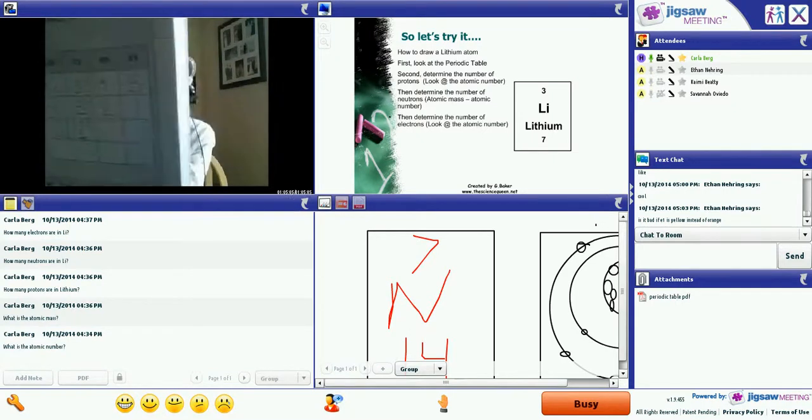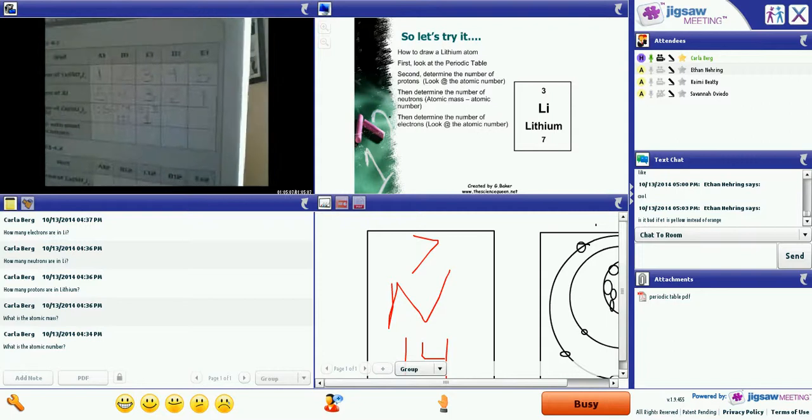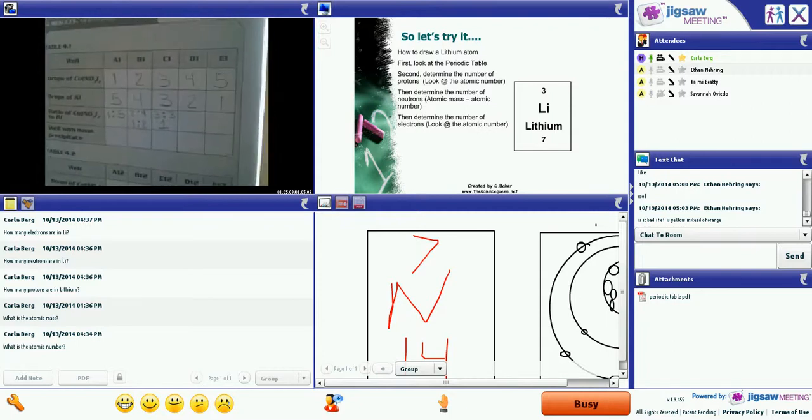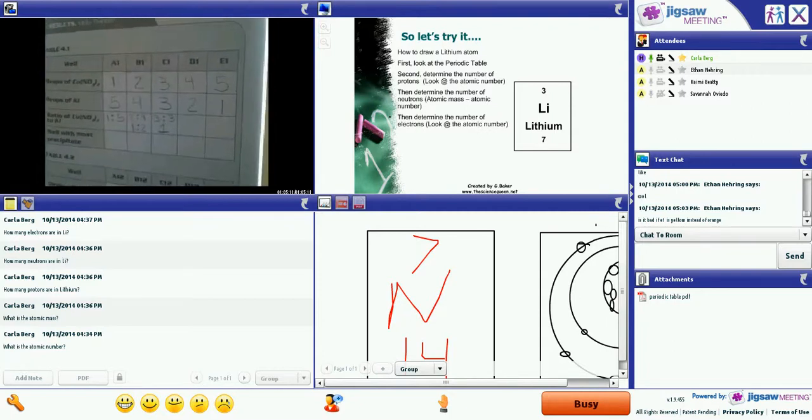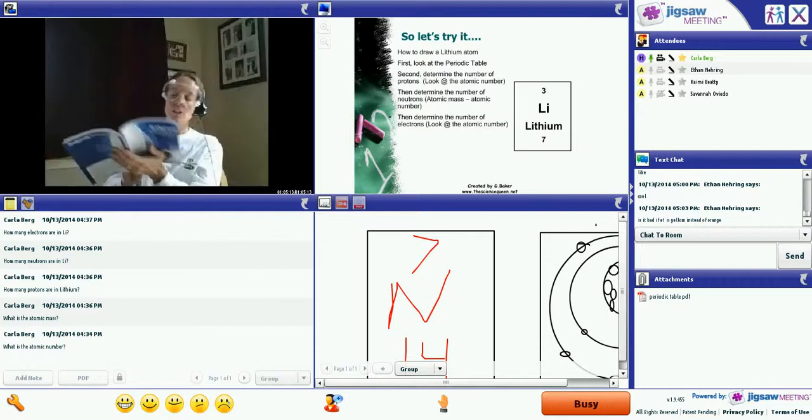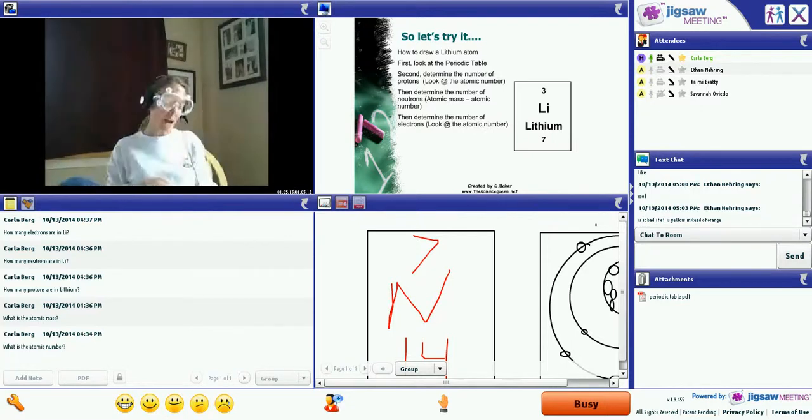Okay, so here is what my data table looks like so far. Now we are going to do our ratio for D1. Our ratio is 4 to 2. That can be reduced to 2 to 1.